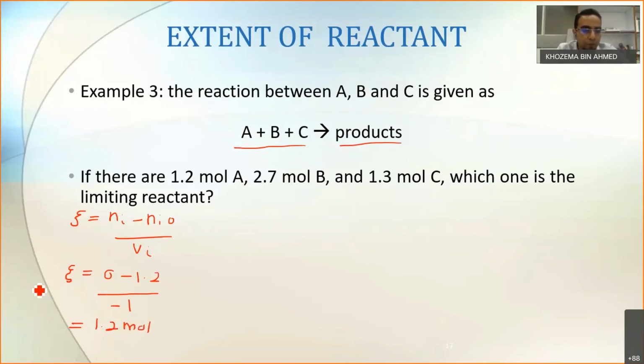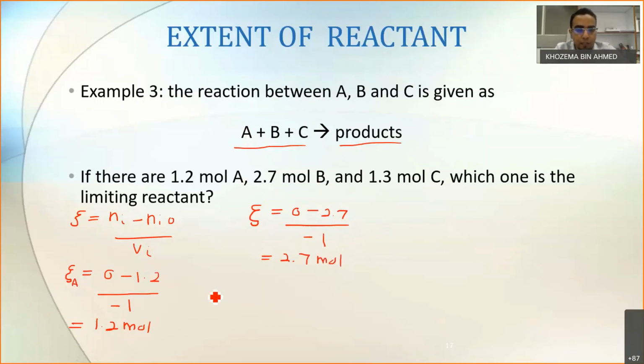That is for A. I do the same thing for B. The extent of reaction of B is, again, the maximum B I can use is all of B. So finally I'll have no B, so 0 minus 2.7 over the coefficient, negative 1. So I'll get a value of 2.7 mole.